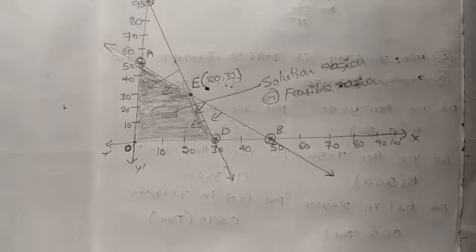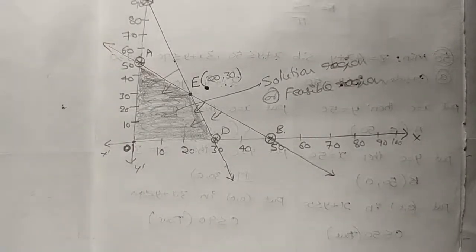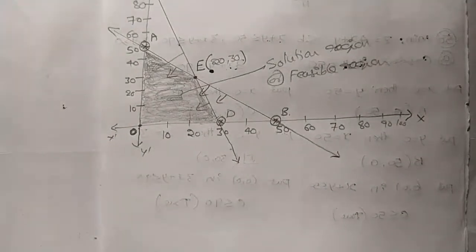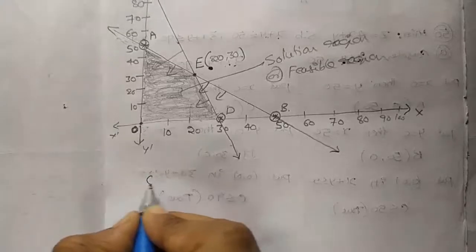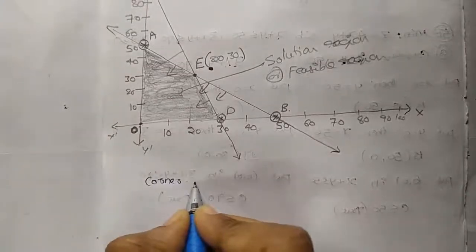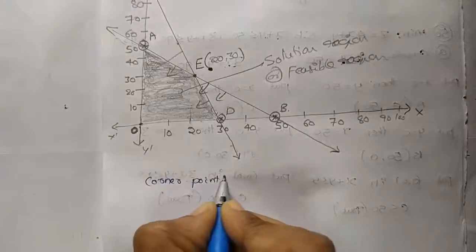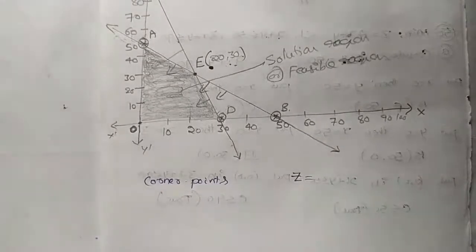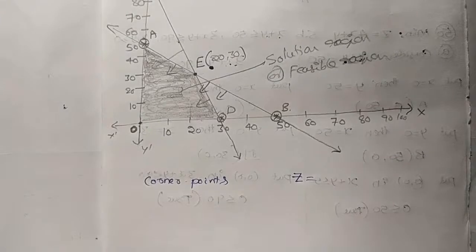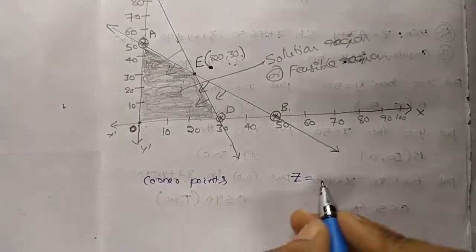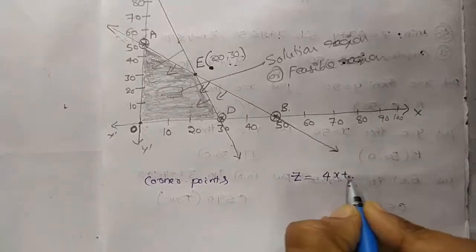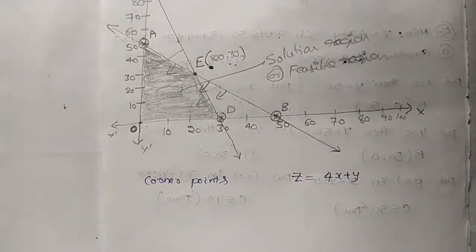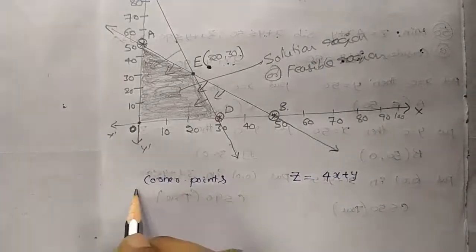Now write the corner points. Objective function is given z equals to 4x plus y. Now write the corner points separately.